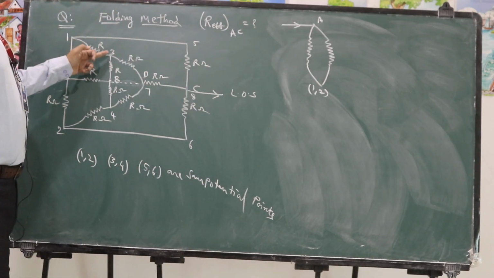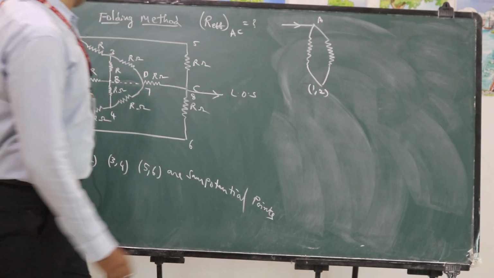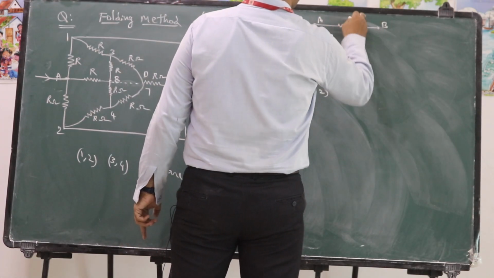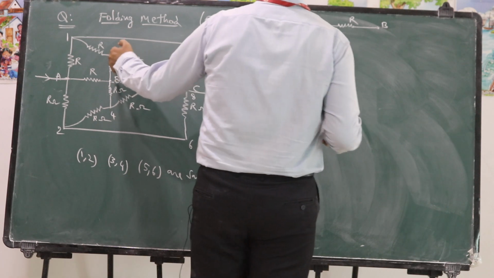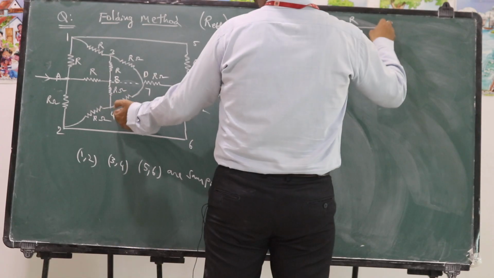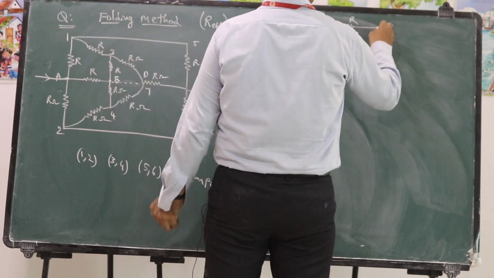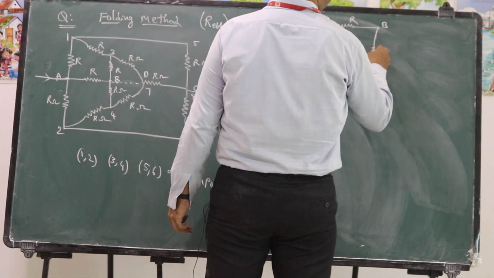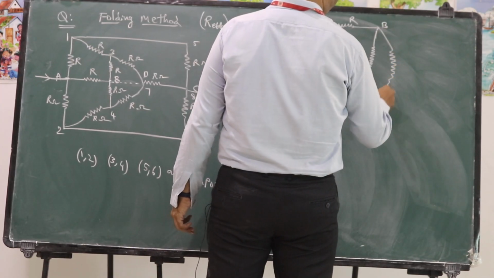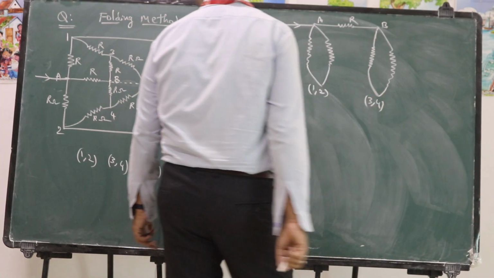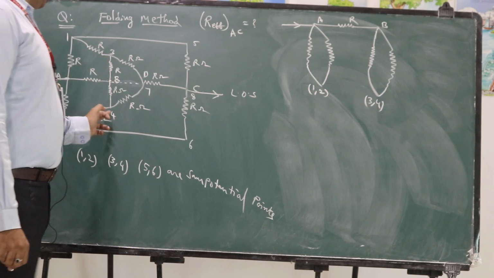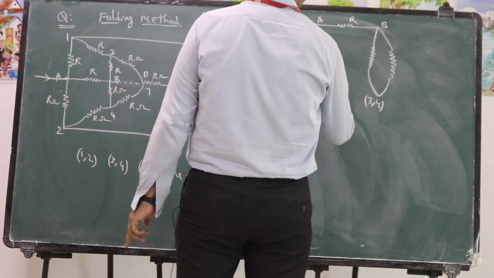Similarly, 3 and 4, if you join from A to B, 1 resistor is there of resistance R. From B to this 4, this 3 also will come and join. 3 and 4 are joined together. 1 and 2 and 3 and 4, they are joined with a resistor of resistance R.